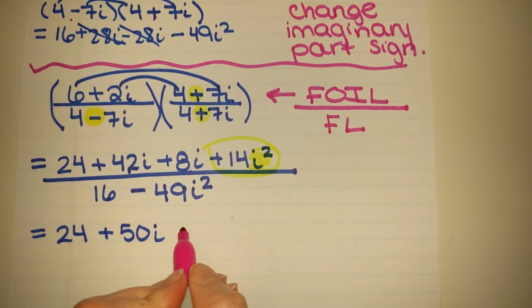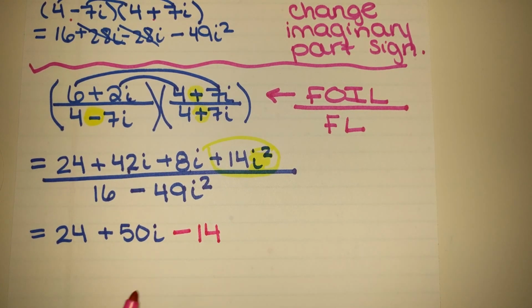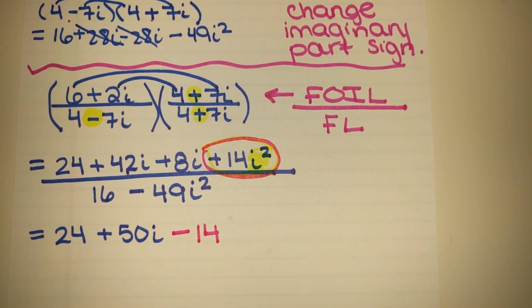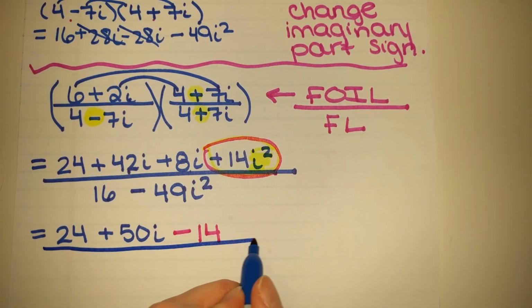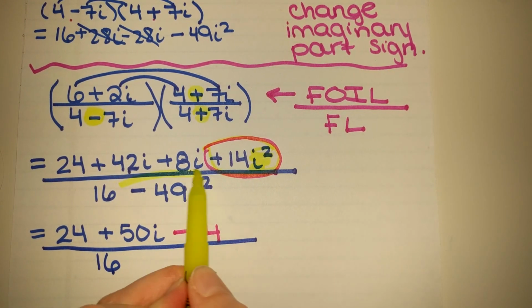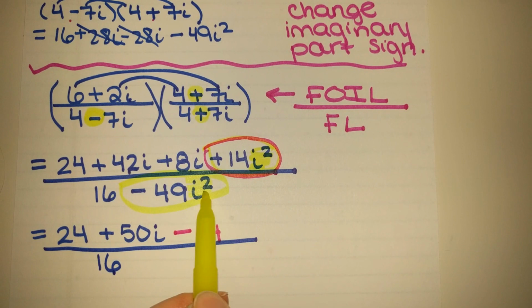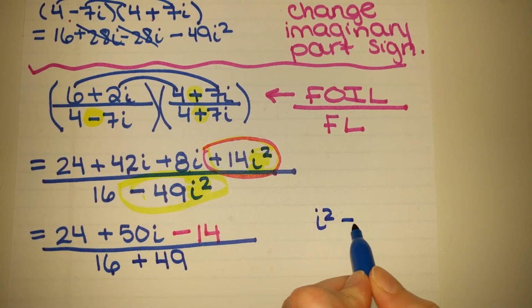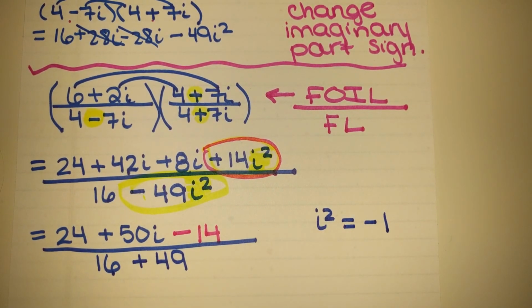So that is going to become a minus 14 when we change the sign by getting rid of the i squared. Now, in the denominator, we have 16, and the same situation happens with this i squared. This i squared is going to change the sign and make it a positive 49 when we get rid of the i squared. And again, that is because i squared is equal to negative 1.